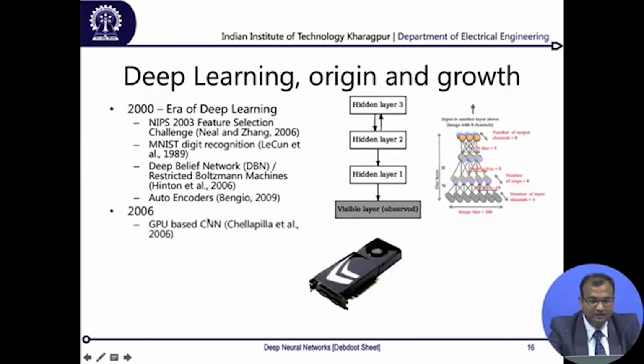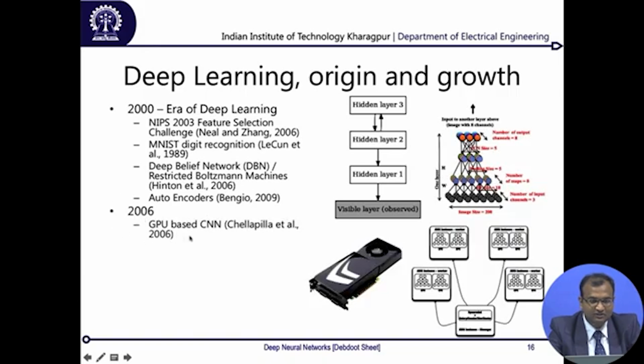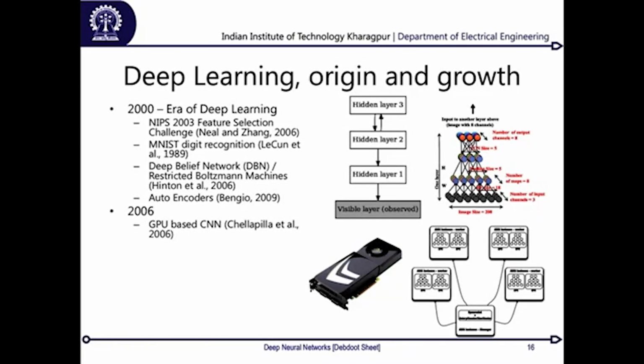Right from there, around 2006 onwards, we saw a major boost in the way deep learning was being done, because if you look over here, typically these networks have a lot of connections between them. So the number of multiplications and the number of nonlinear operations you are going to do is seriously large. It's not a very small number. So you need a good amount of computing power, and with a desktop computer it would never be feasible.